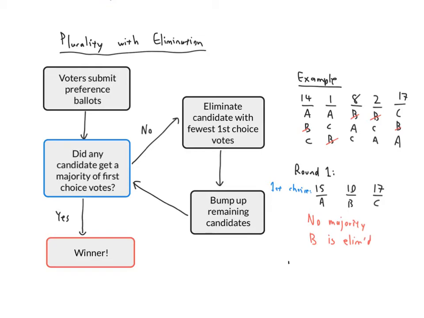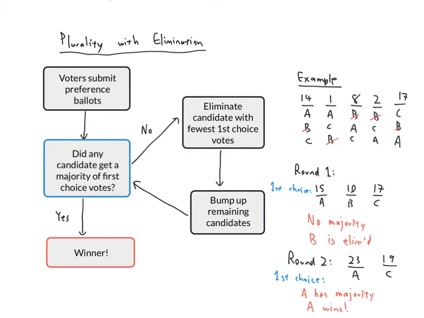So in the second round, we'll again tally up voters' first choices now that B is eliminated. Now candidate A is ranked first, not only in the first two columns, but also in the third column because B was eliminated. And so A ends up with 23 first place votes. Similarly, candidate C ends up with 19 first place votes. Now A does have a majority, more than the 22 votes needed, and so A is the winner.